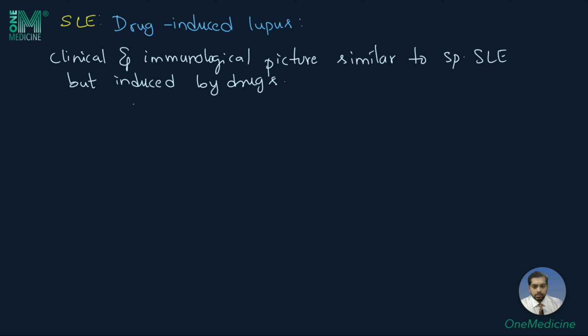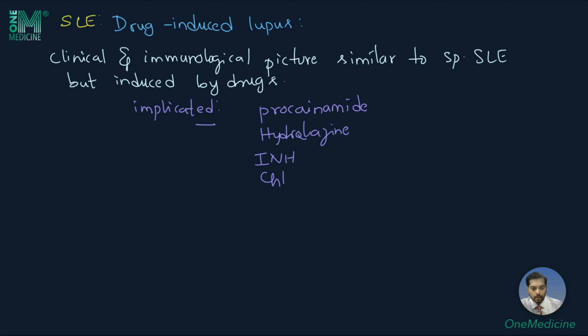Some of the medications implicated in development of drug-induced lupus include procainamide, hydralazine, isoniazid, chlorpromazine, methyldopa, minocycline, and tumor necrosis factor inhibitors.